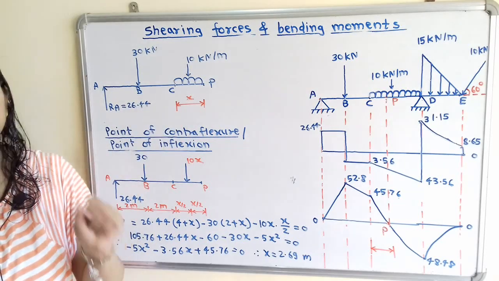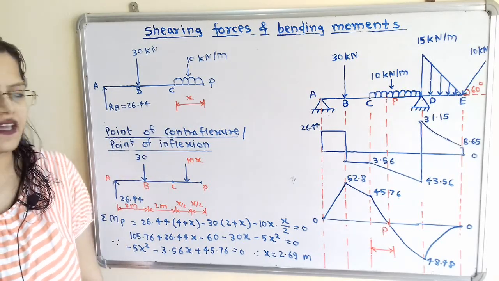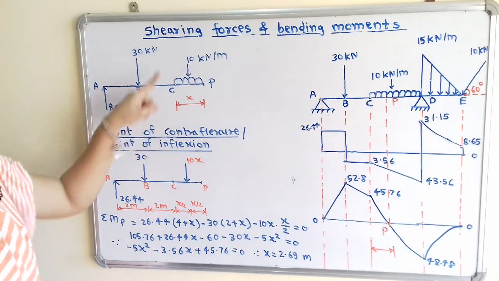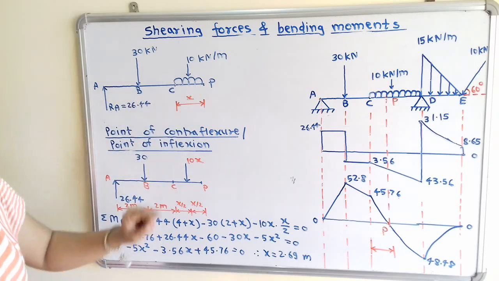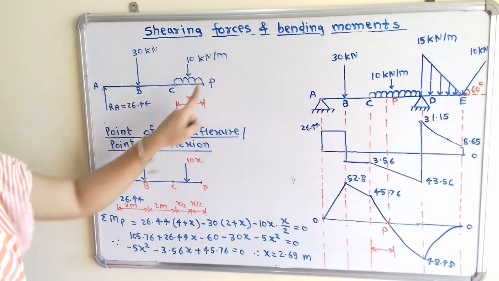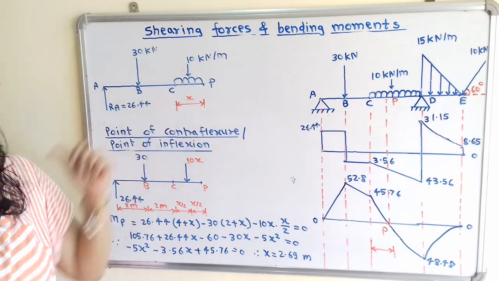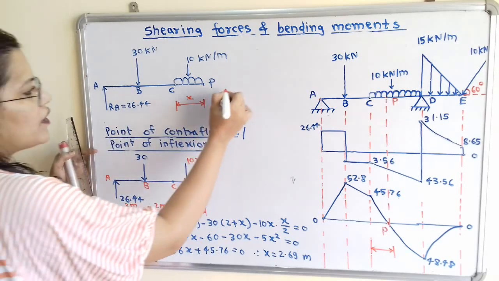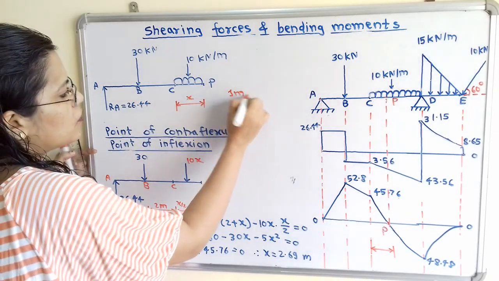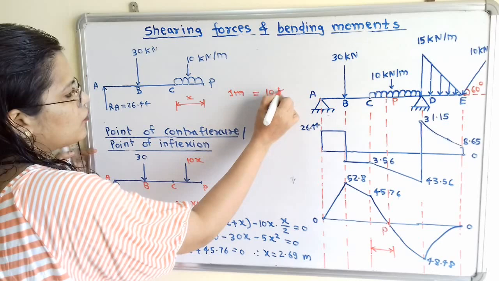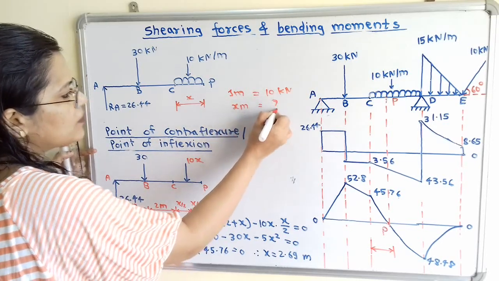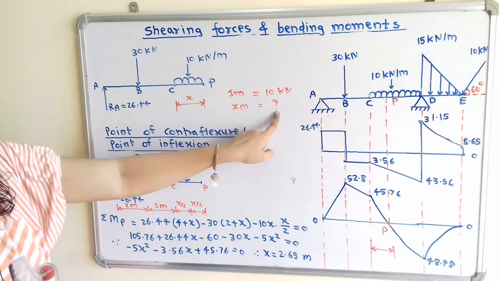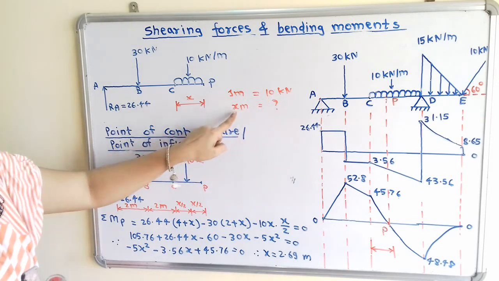So next step is to draw the free body diagram. So how to calculate the total load? Because it is a uniformly distributed load of 10 kilonewton per meter over the span of x meter. So for 1 meter the load is equal to 10 kilonewton, and for a span of x meter we have to calculate the load. So for this we take the cross multiplication.